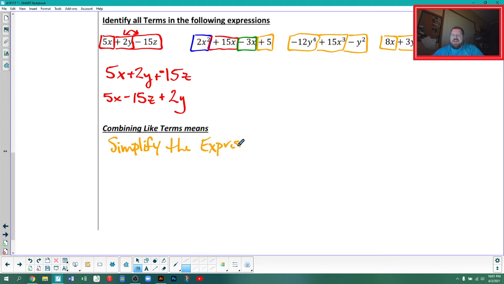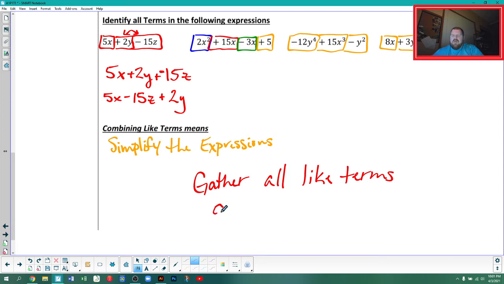What that really means, without saying exactly what it says, is to gather all like terms and write them as one term. Because it would simplify said expression.